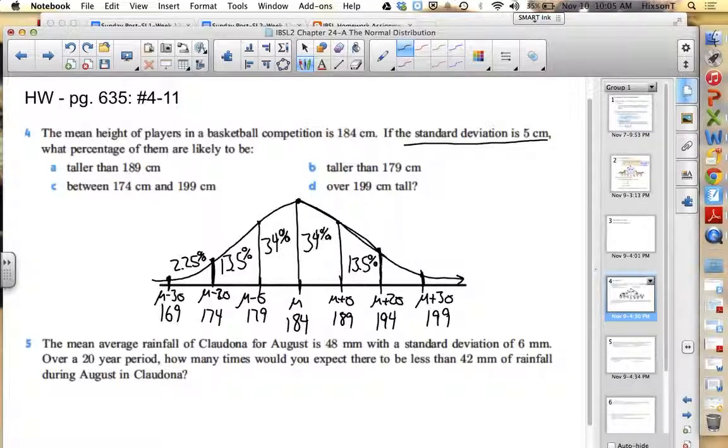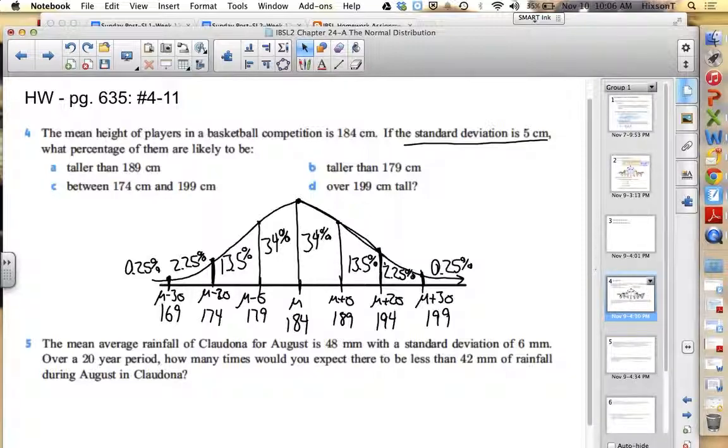And between this, same thing. And then past 3 standard deviations, we've got that last 0.25% on either side. Alright, so any questions on how we labeled all those?